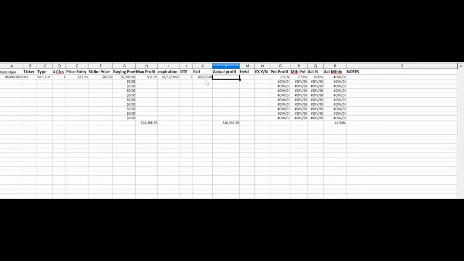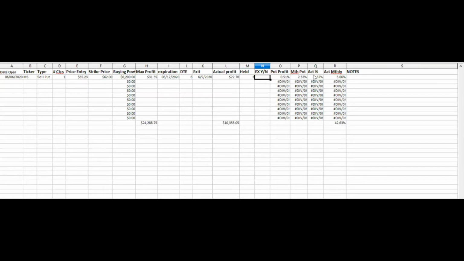And let's say my actual profit on the exit was 22.70. If I exited early, I'm going to take the second commission out of the actual. So let's say I got paid $32 premium, and I exited when I had to pay $8 in premium back. So 32 minus 8 is $24. 30 commission would give me that 22.70 profit. And I would have held that for 3 days.